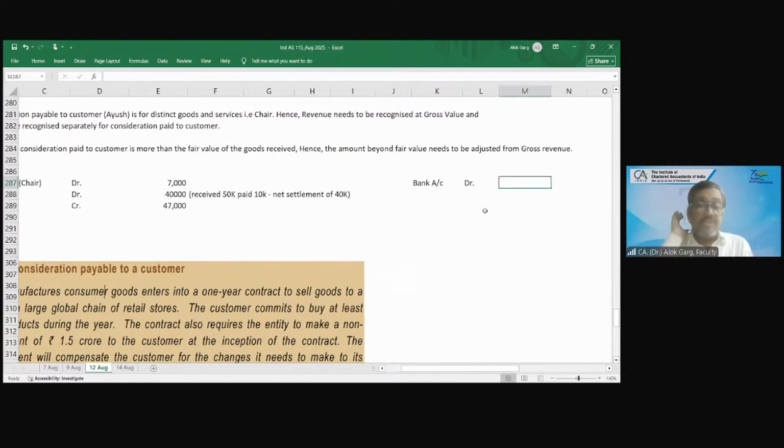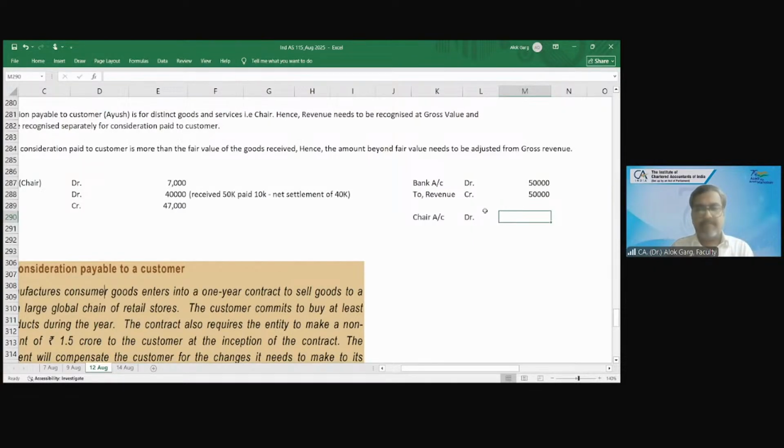How much is money collected by selling a laptop? 50,000. Right? To revenue credit 50,000. Now, chair account debit. It cannot be recorded at more than the fair value because 10,000 money has been paid, but the fair value of the chair is 7,000. So at what value should we record the chair?